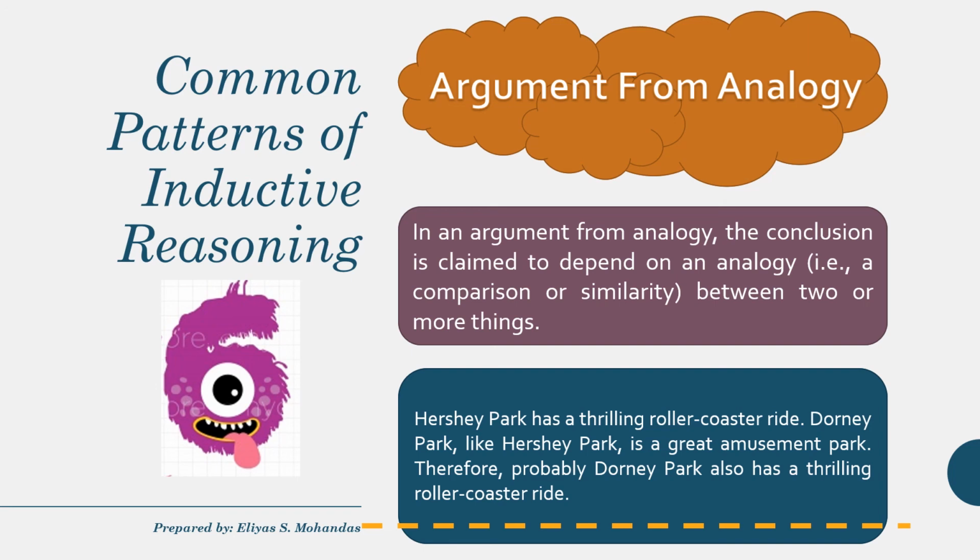When both are amusement parks, automatically your conclusion is Donny Park also perhaps may have a thrilling roller coaster ride. So this is what is meant by argument from analogy.